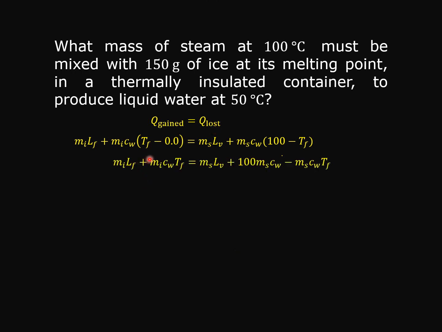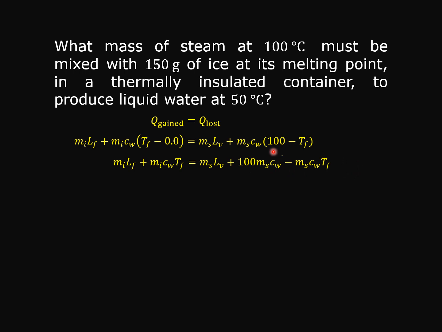Now we expand the second term at the left hand side and the second term at the right hand side. So we will have two terms at the left hand side. Because this is a 0, the second term is mi cw times Tf. Again, Tf is 50 degrees C. And for the right hand side, after we expand the second term, we will get two terms.